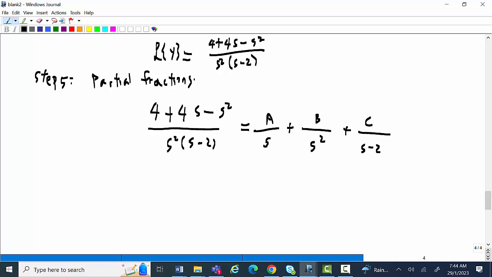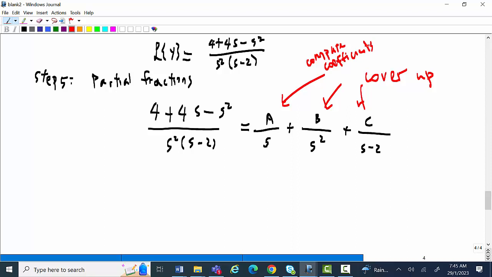Now you can use cover up to find B and C, and then for A, you have to use compare coefficients. This is a general rule for cover up and compare coefficients, or we can use compare coefficients straight away to find A, B, C. But let's do cover up to find B and C first.